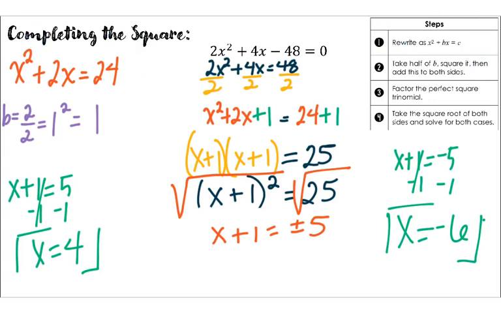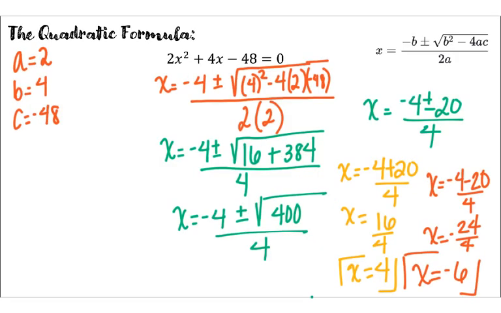And then you also have to make sure that the first number is 1 and this number is even. If that happens, it's a very straightforward problem to help you complete the square and get your solutions. And then lastly, the quadratic formula works for any and all cases as long as you have the correct a, b, and c values substituted into the formula.